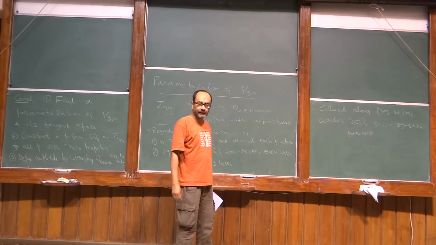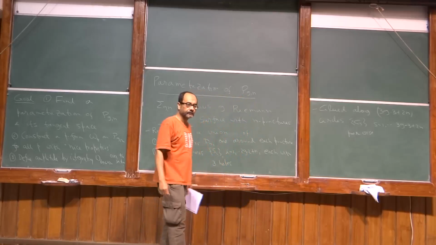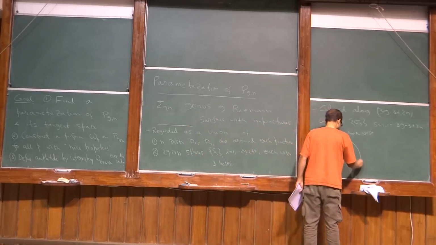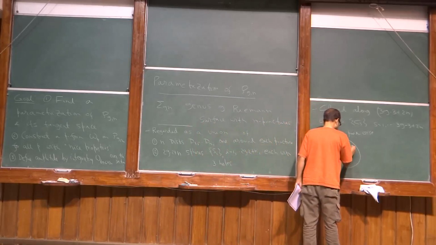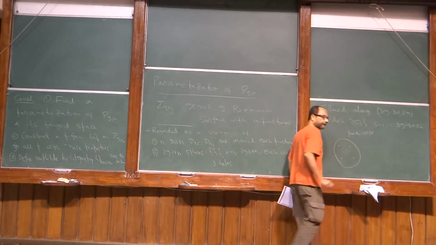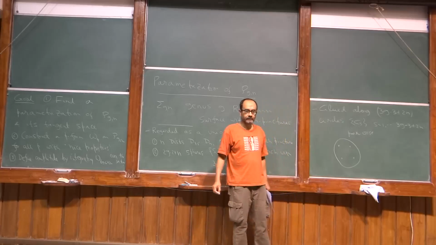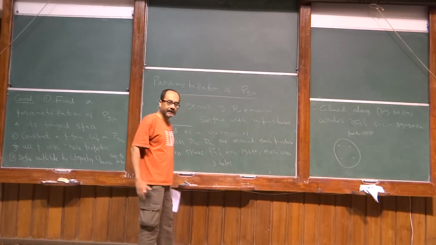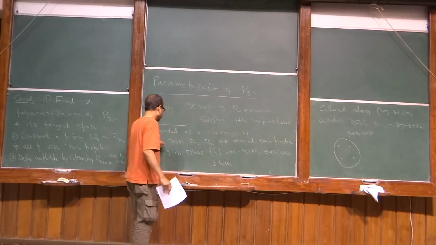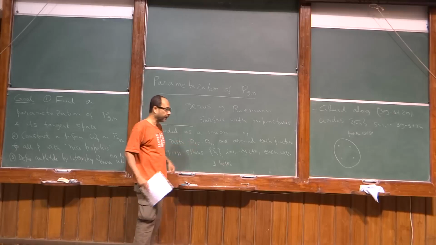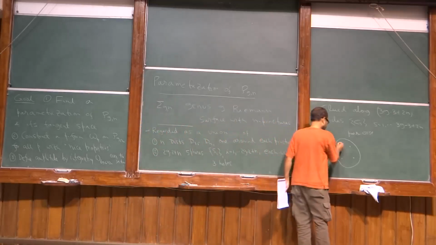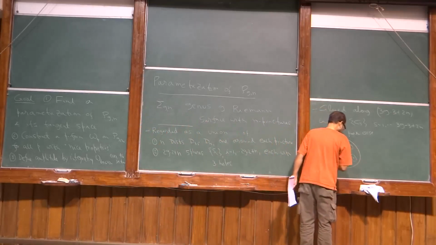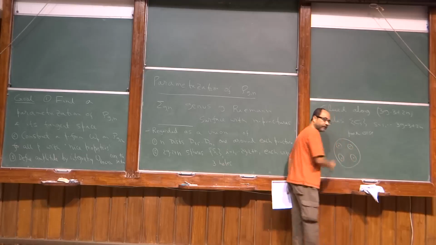So I will illustrate this with some examples. Consider a sphere with 4 punctures. We want to divide up the sphere as a union of, first of all, n disks, so 4 disks, one around each puncture. So cut out 4 disks, D1, D2, D3, D4.